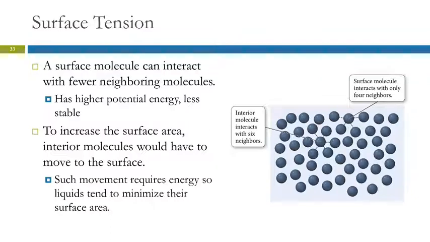So that requires energy. And things don't like it when you have to get energy from somewhere else. So the water will form a sphere because that is the shape that gives you the smallest surface area for the volume. A cube or a sheet of water is going to have larger surface area, and so it won't do that naturally.